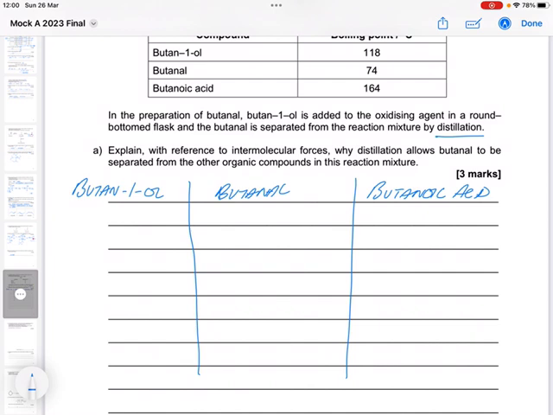So butan-1-ol is going to have hydrogen bonding between molecules. I'll just put HB there so I can use that over here. So butanoic acid is going to have the same. So it's going to have hydrogen bonding between molecules.